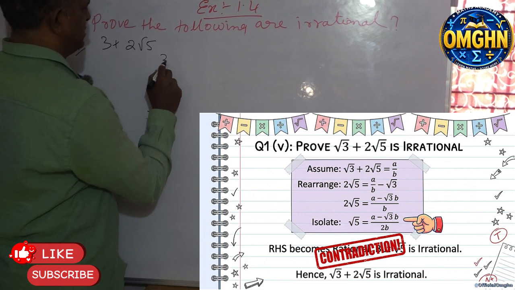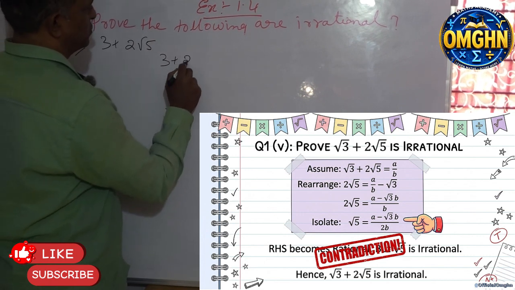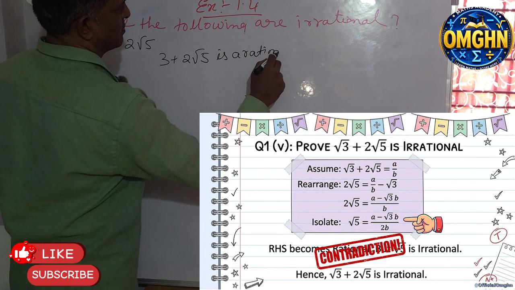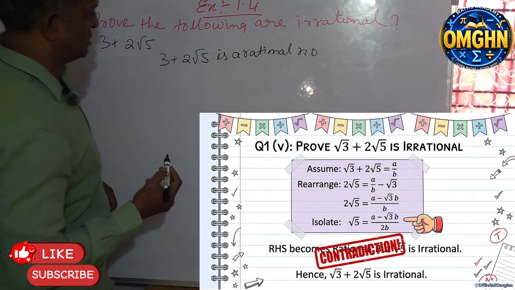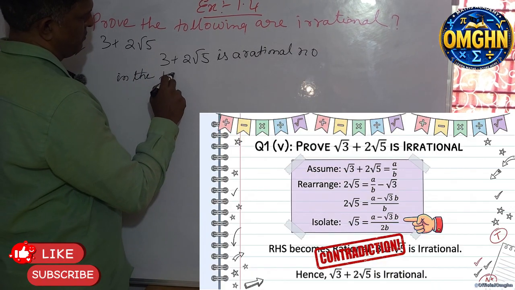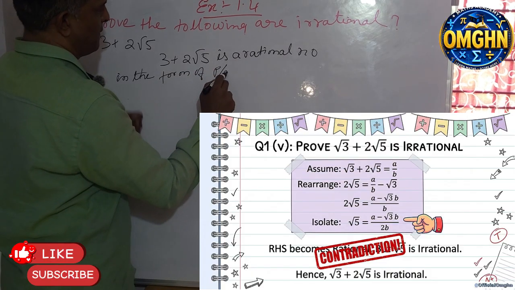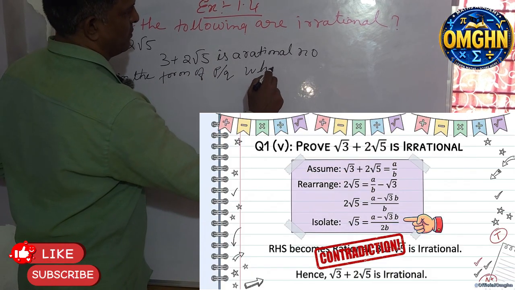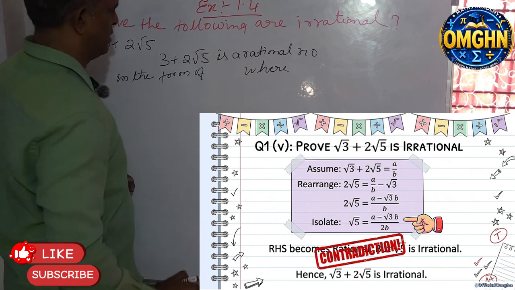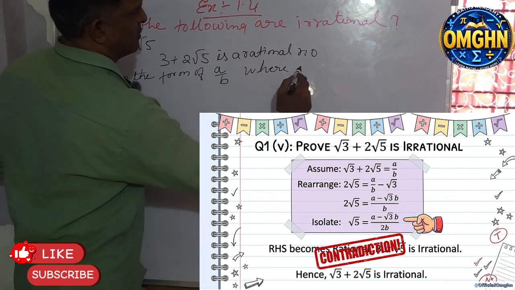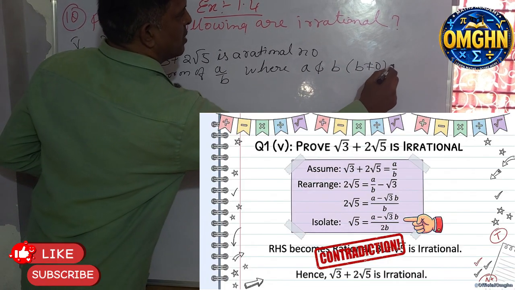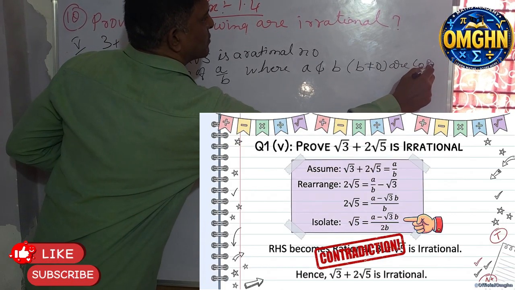As before, we assume that 3 plus 2 root 5 is a rational number, that is, a rational number in the form of p by q, a by b, where a and b not equal to 0 are co-primes.